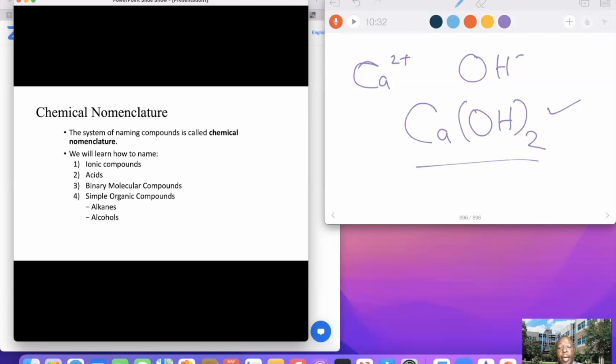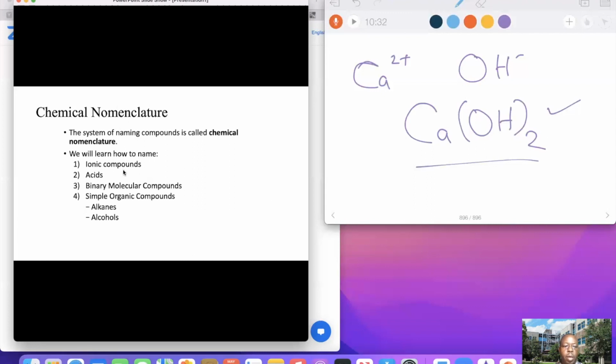Having learned how to write the correct formulas for ionic compounds, both involving monoatomic ions or polyatomic ions, let's see how we name them. Nomenclature here is just naming. The systematic naming or the correct way of naming compounds is called chemical nomenclature.